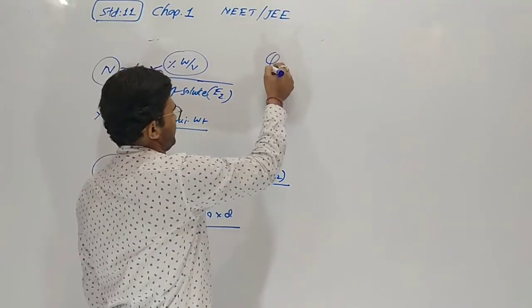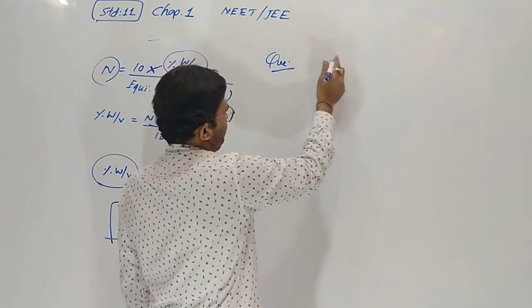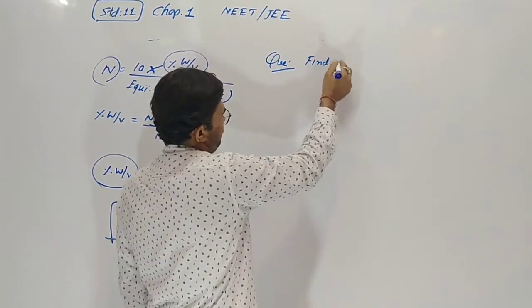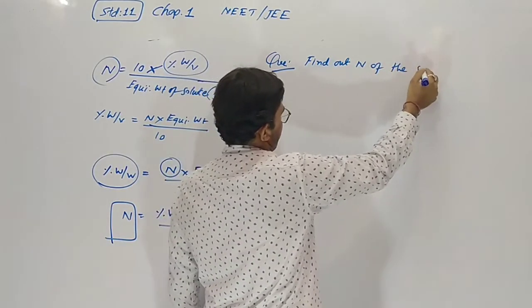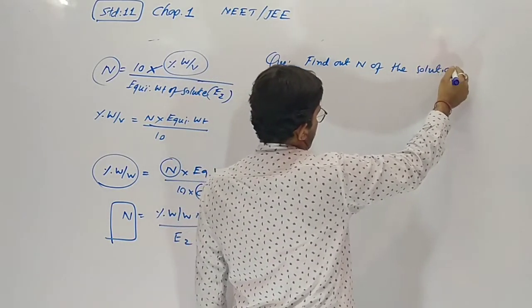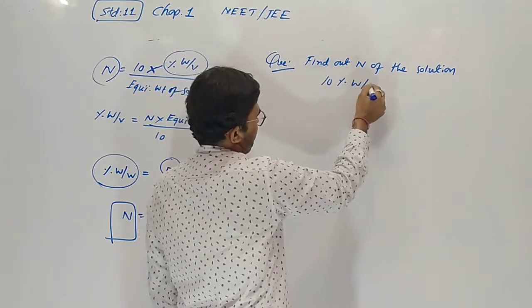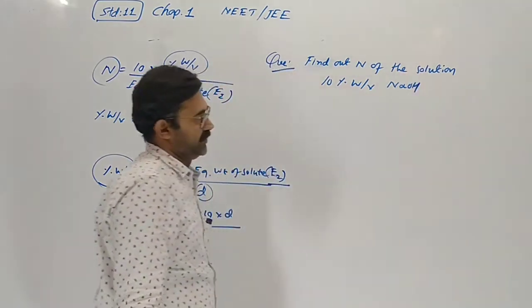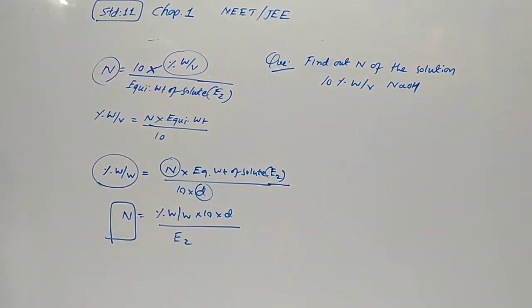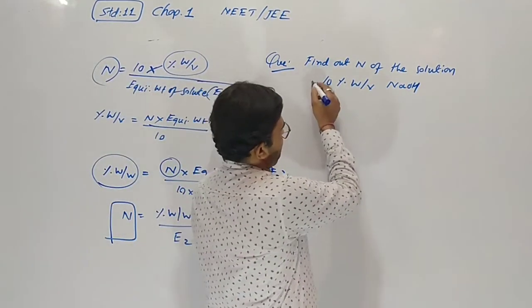I am giving you a question. Find out the normality of the solution, 10% weight by volume NaOH, sodium hydroxide. There are two methods.